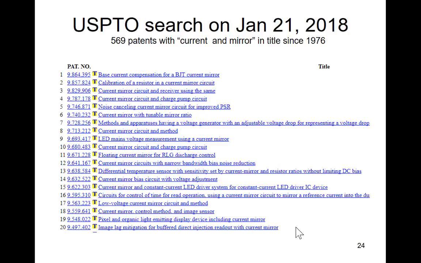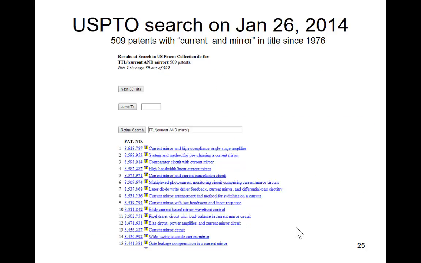But there have been 569 patents with current mirror in the title since 1976. This happens to be January of 2018. So these are sequential in order. And you can see some of these are current mirrors and some are using current mirrors in other circuits. So there's 569 since 1976.